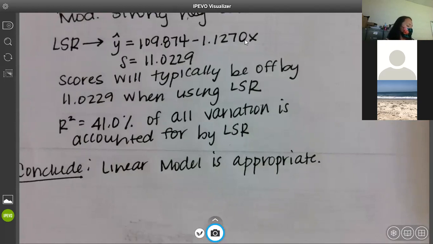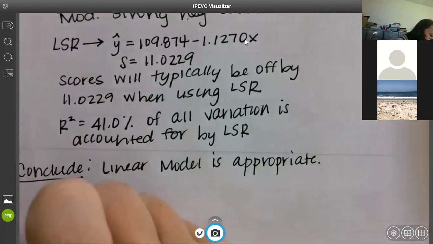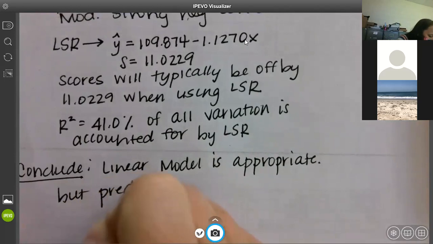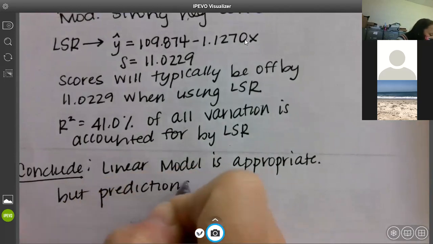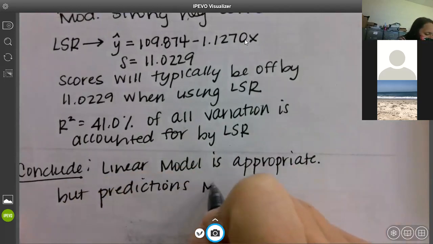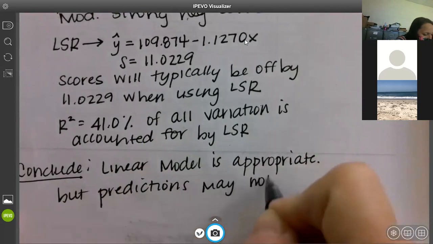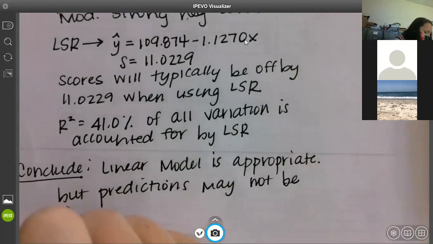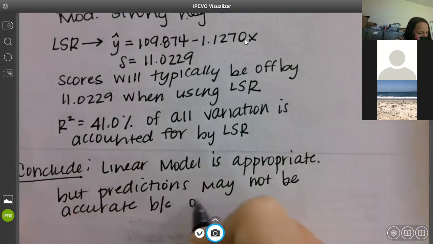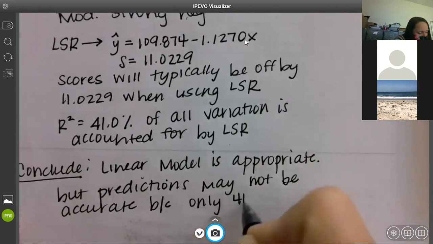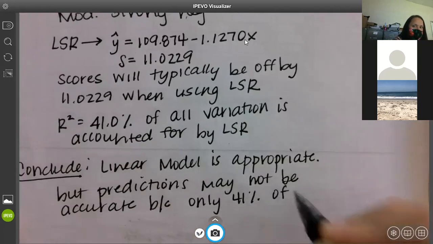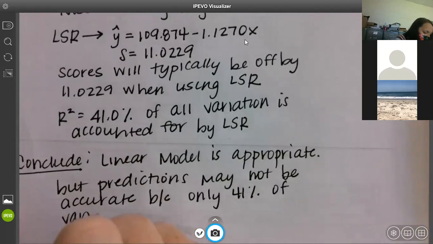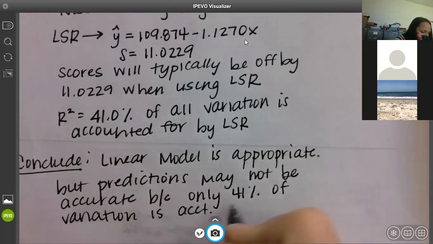You use those numbers so you can say a linear model is appropriate, but your predictions may not be accurate because only 41% of variation is accounted for.